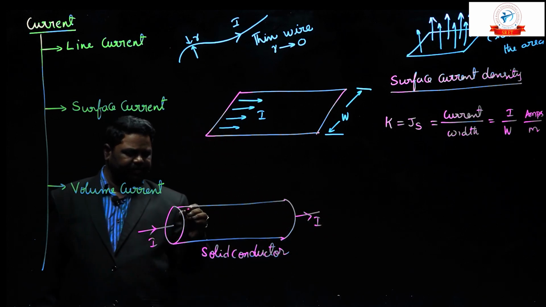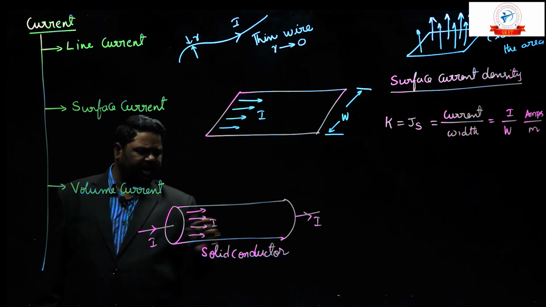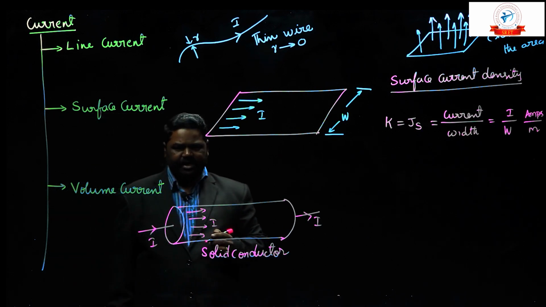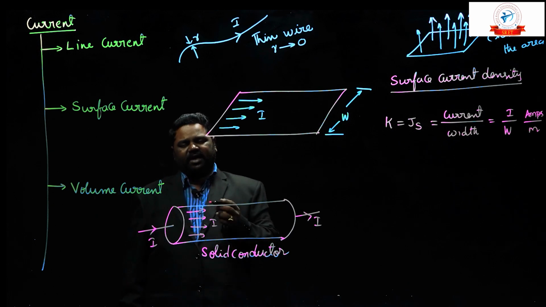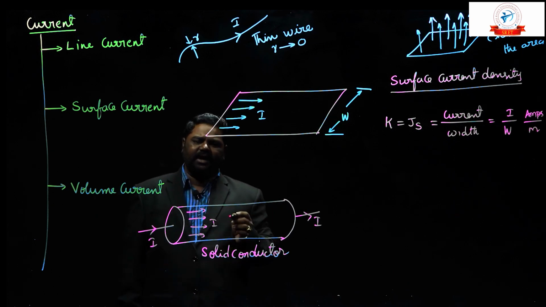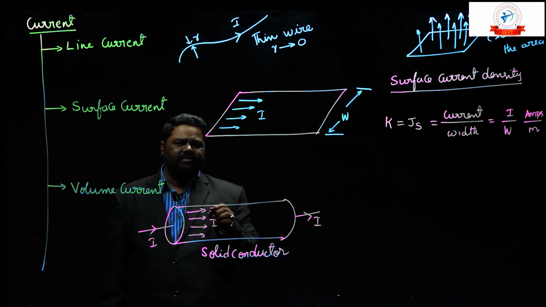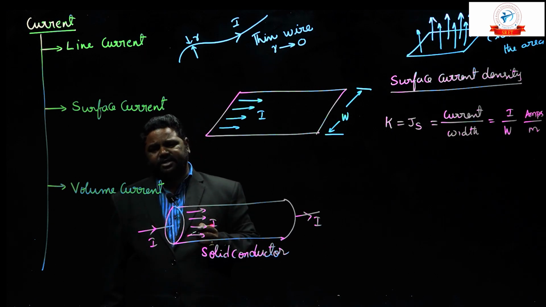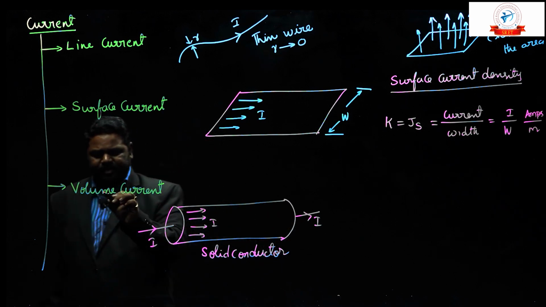This is I. Now if you observe this one, the current is flowing in the entire conductor from one end to another end. The current flows in the entire volume, so it is named volume current.